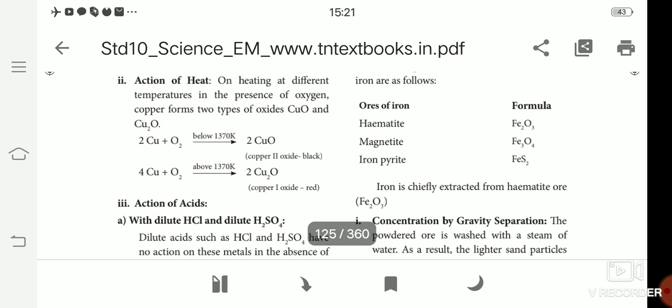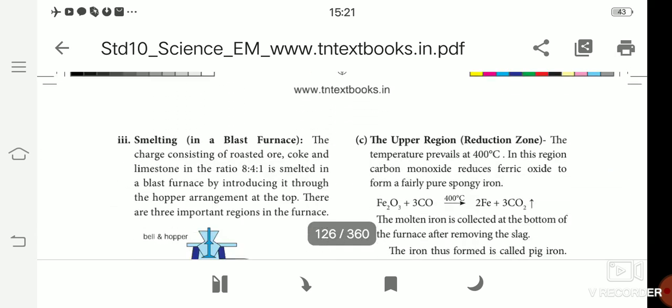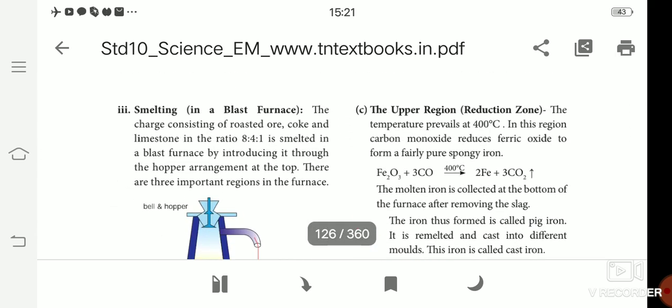The next one is the smelting process. Smelting involves heating the ore until the chemical compounds in the ore begin to break down.